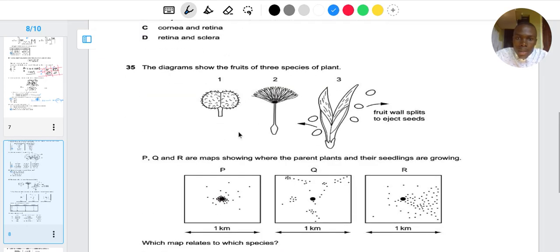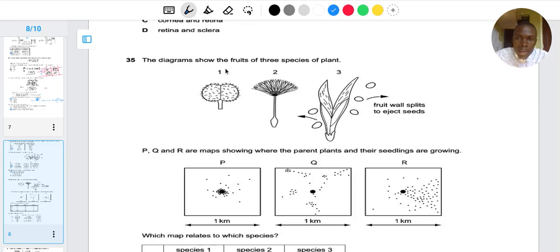Then the next one is saying the diagram shows the fruits of 3 species of plants. So we have this one and this one. This one can be dispersed by animals because it has hooks that can attach to fur or human clothes. Then this one here can also be dispersed by animals because it has these hooks.